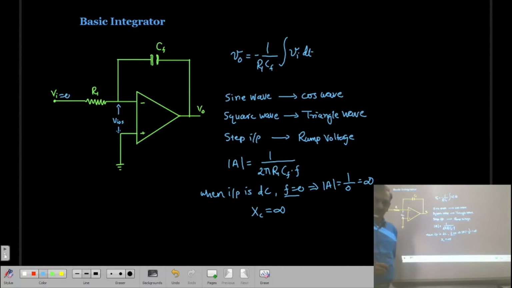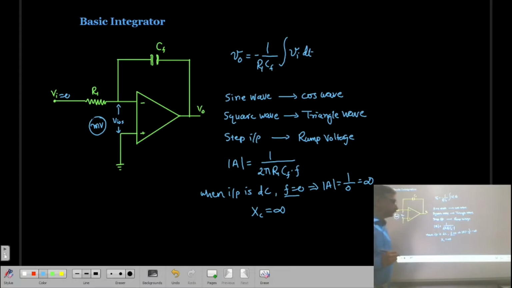This input offset voltage can be positive or negative, and it is of the order of a few millivolts.